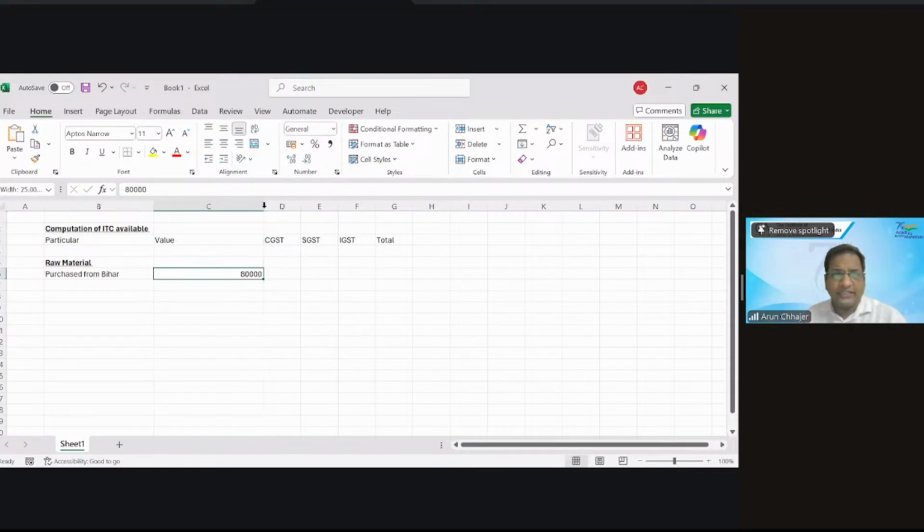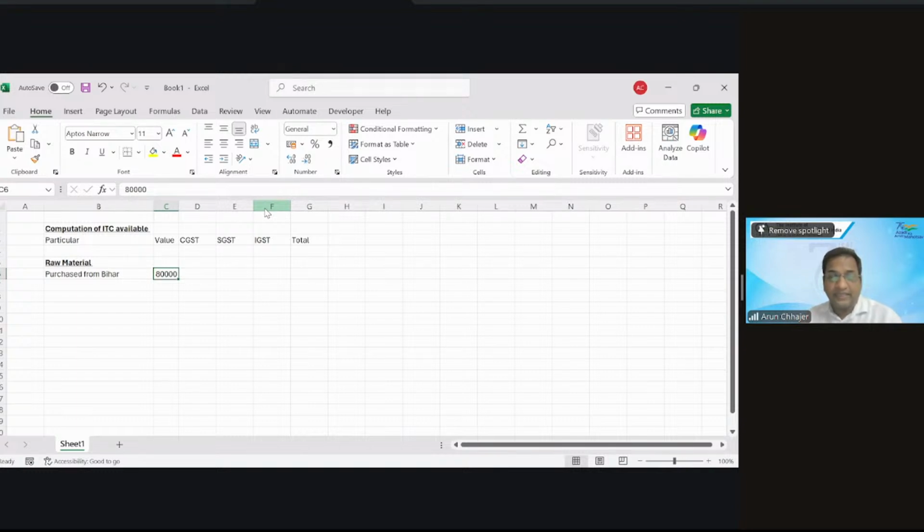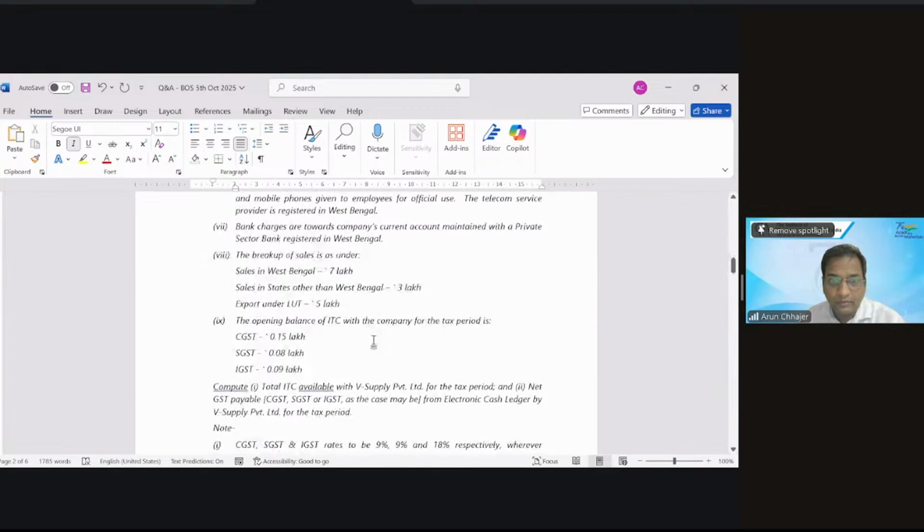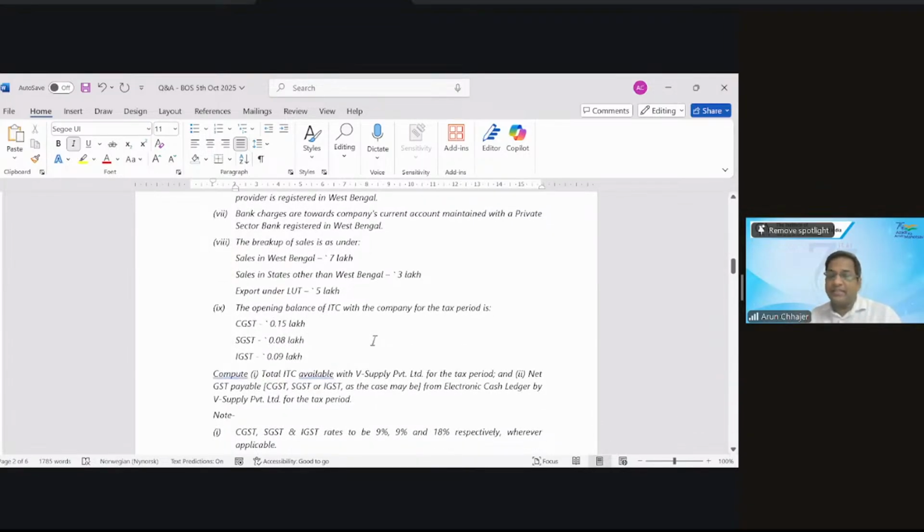Just check what tax rate they have given in the question. The tax rate given in the question is, we'll assume, CGST, SGST 9% and IGST 18%.